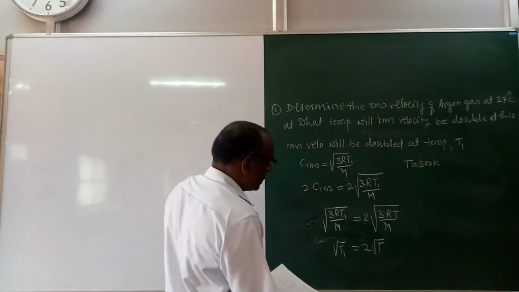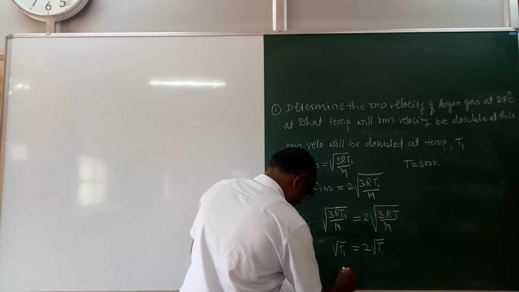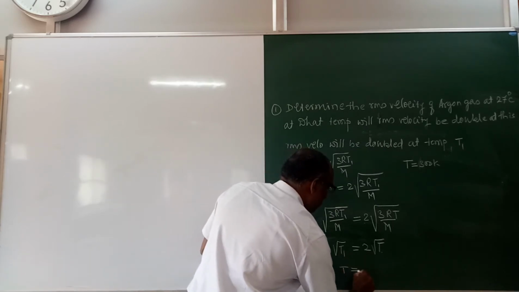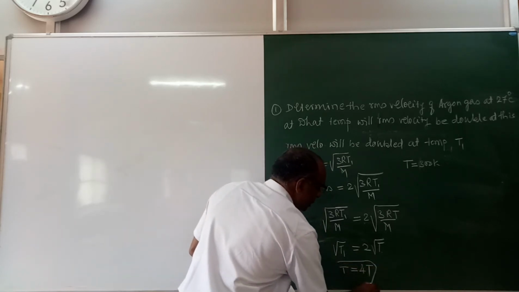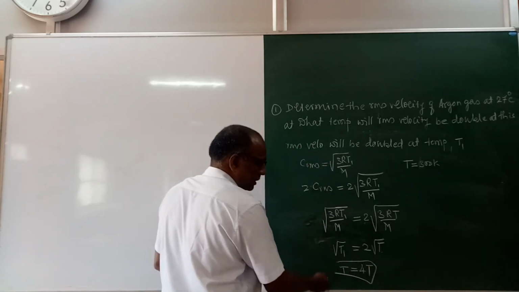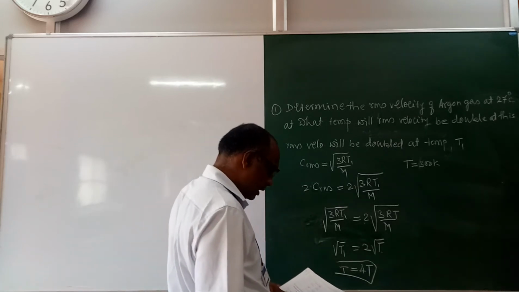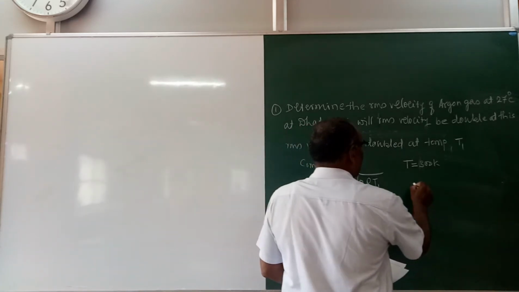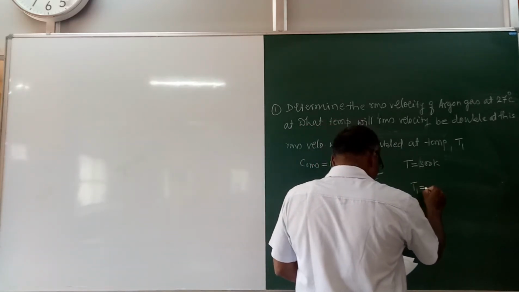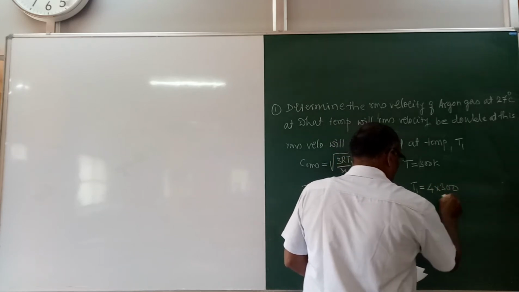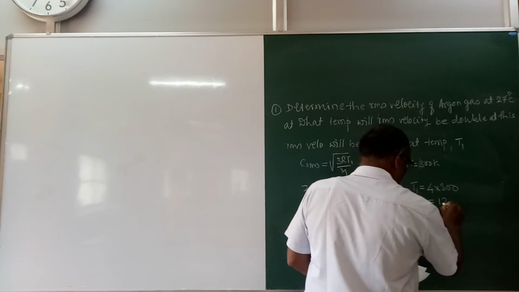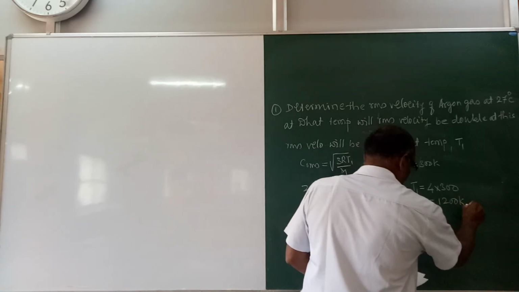So T1 will be equal to 4 times T. If you reach this orally through practice, you will get it. Your answer T1 is equal to 4 into 300. It will be 1200 Kelvin.